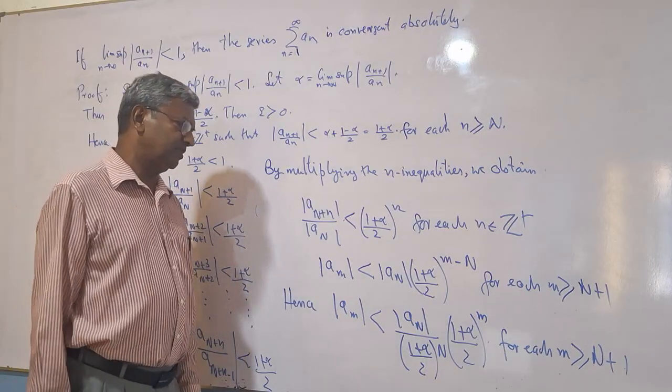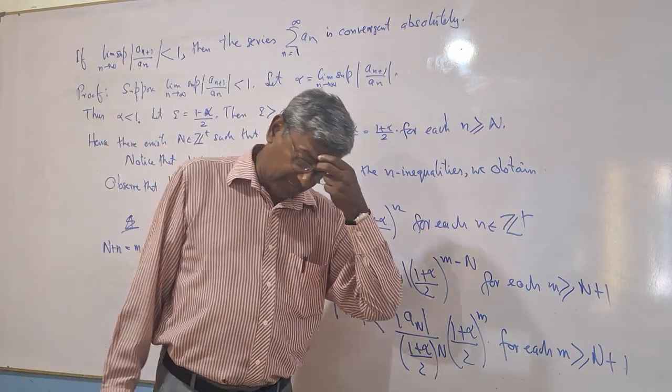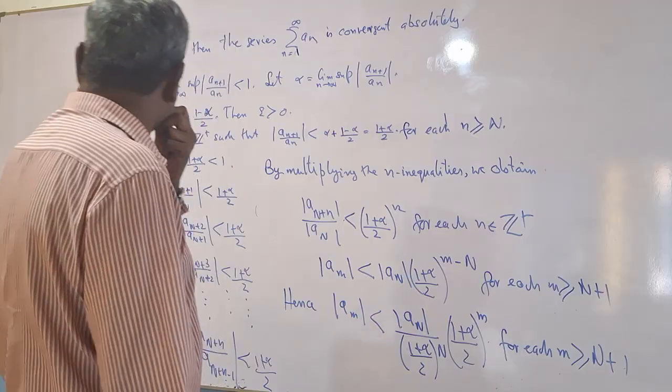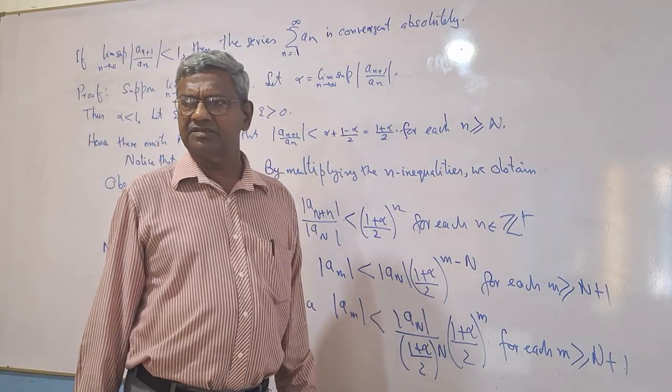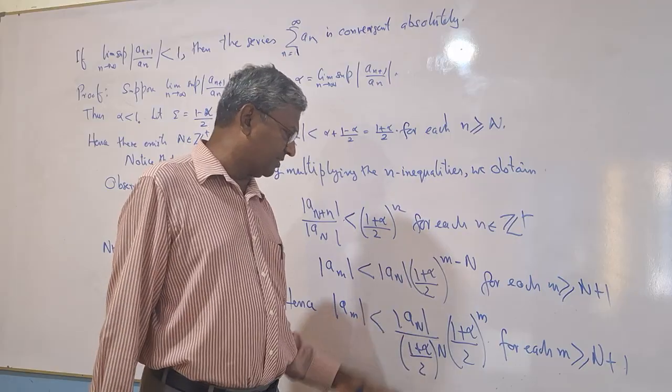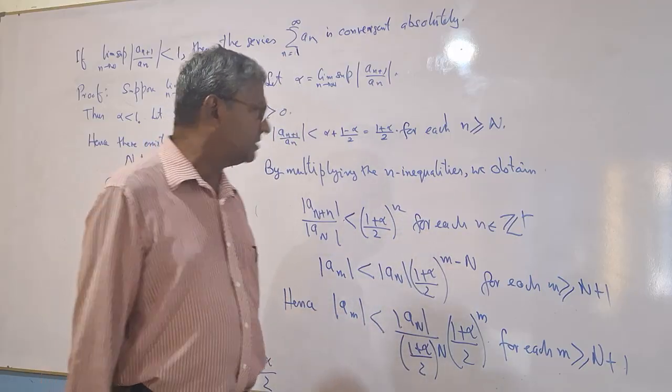On this side we have |a_m|. Since (1 plus alpha)/2 is strictly less than 1, the geometric series converges. You multiply by this constant, it still converges.